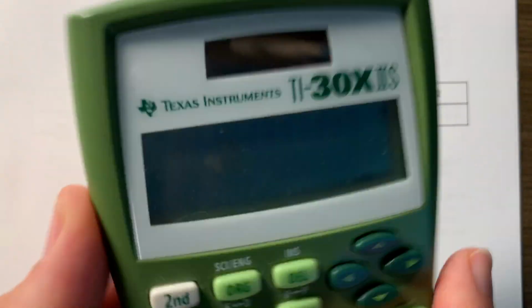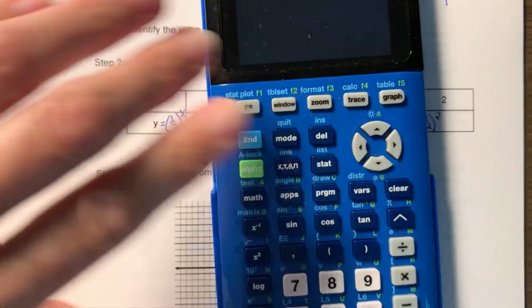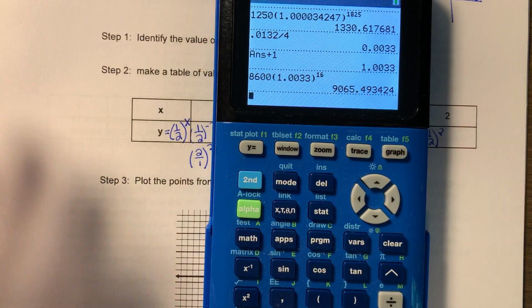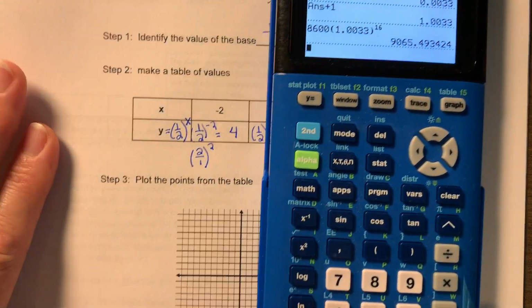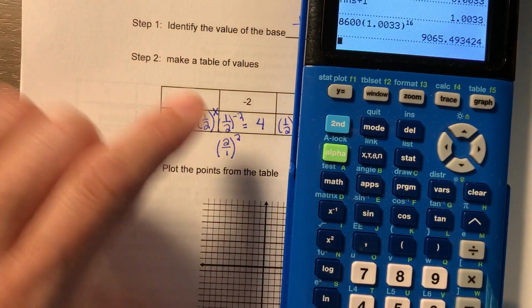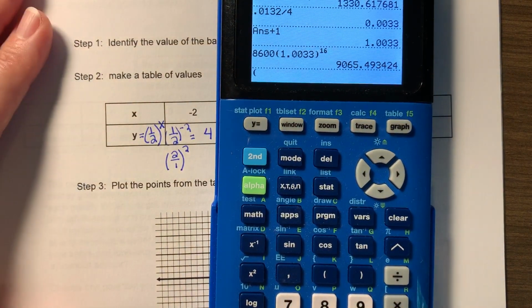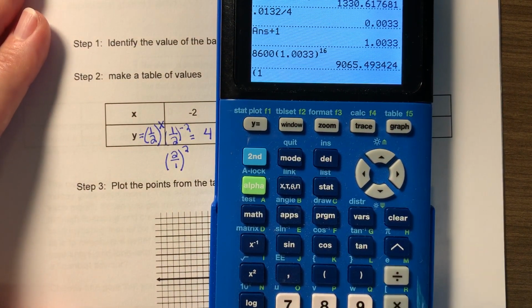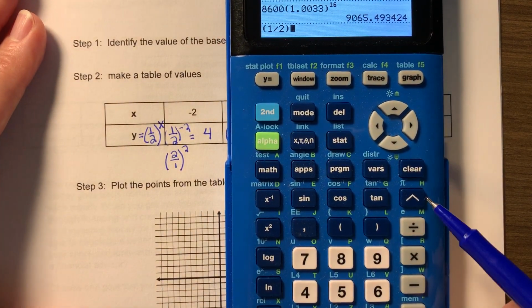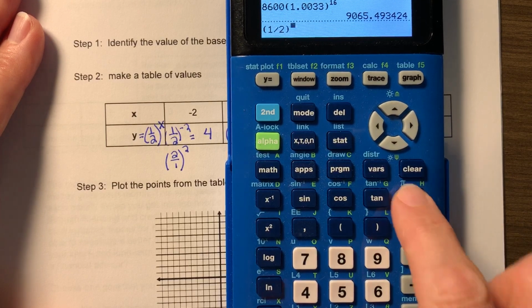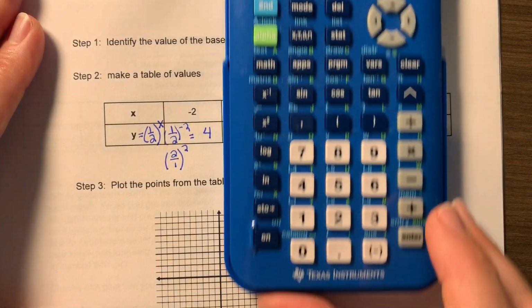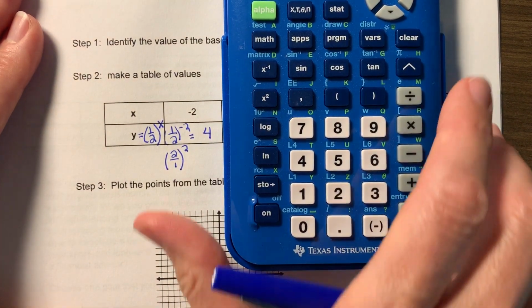Let me show you on this calculator where you can read the display a little better because it's got a light on it. So I'm doing this one, 1/2 to the -2. I have to wrap it up in parentheses. I'm going to do 1 divided by 2, and then here's that up arrow on this calculator, to the -2.